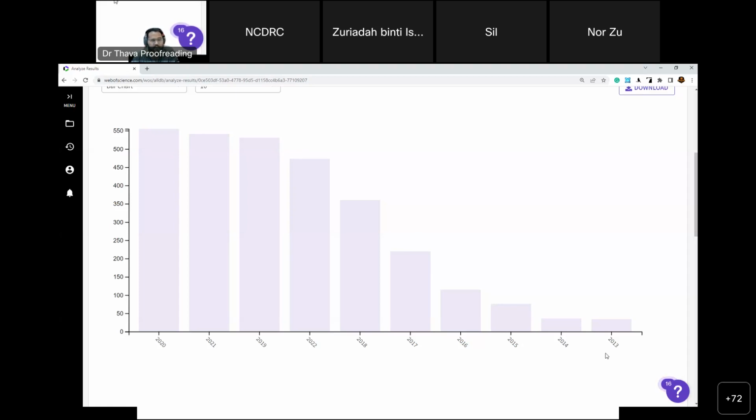Okay. So what you must understand from here is the research first started in 2013. So since then, the problems have already been prominent lah. Okay. Very good, Nurul. Decreasing by year. That's a very different observation, which is also true.